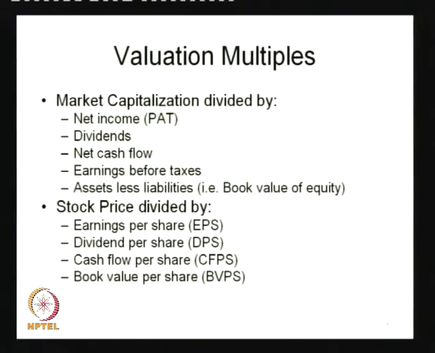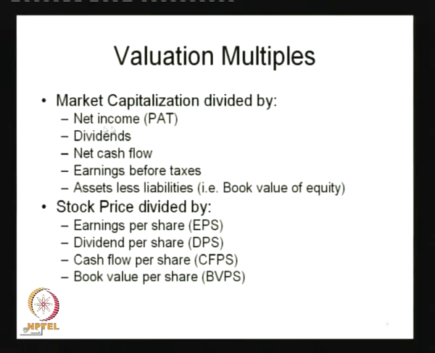Similarly, the next category is, instead of dividing the market capitalization by a parameter like profit after tax or dividend, we divide the stock price by the parameter per share. When we took net income in the first category, we are now taking net income per share, that is price earnings per share.